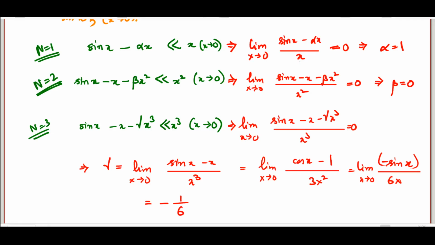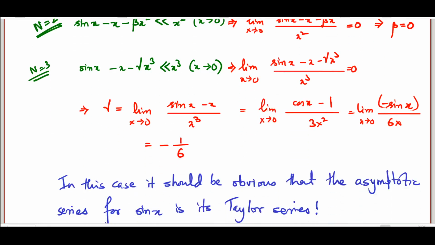At this point, it should be rather obvious that what we are actually doing here is recovering the infinite series for sin x. Of course, the infinite Taylor series, which is actually convergent in the case of sin x. What we do get is that the asymptotic series that we have defined here is nothing but the Taylor series, at least as far as sin x is concerned.